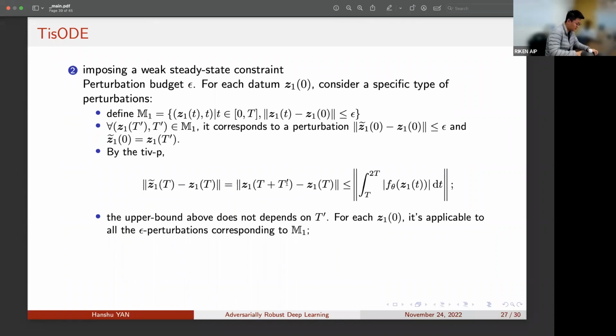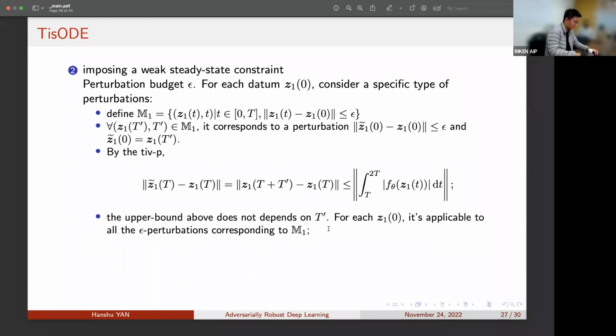And because t prime is smaller than capital T, it is always bounded by the integral of the absolute value of the dynamics, integral from T to 2T. And for each pair in the set M1, the difference between the outputs can always be bounded by the right term. So we can use this right term as a regularization term and add it to the training loss.